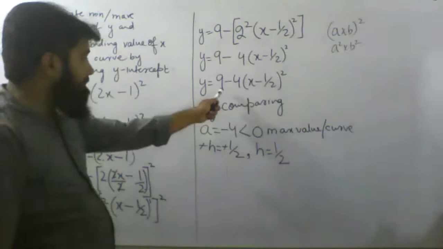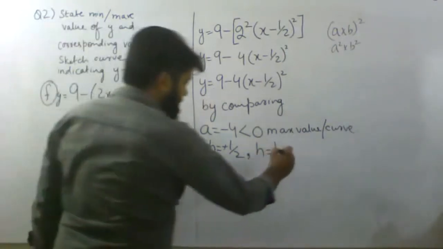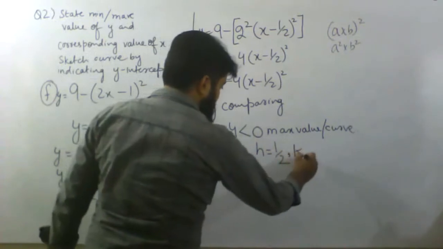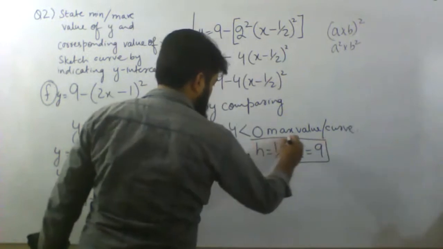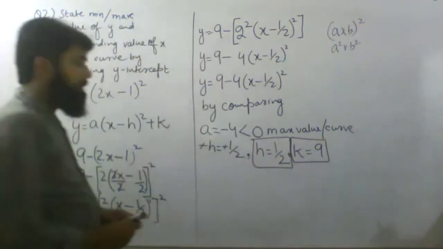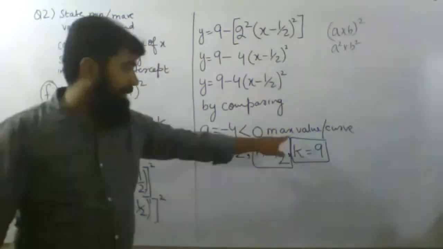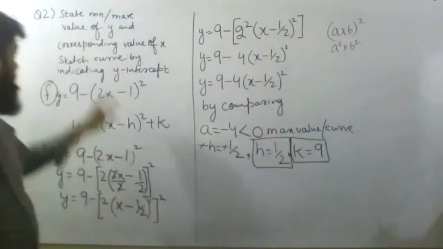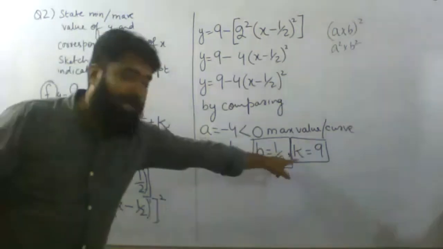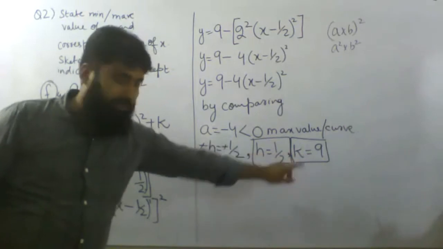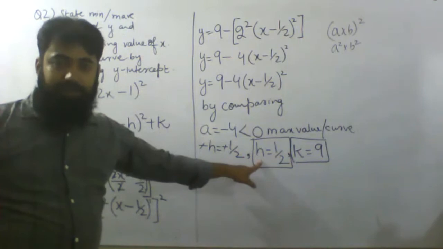So outside the bracket, I have got 9, whose sign is k. So plus, I am going to have k equals 9. So I have a maximum value. The turning point: value of y is 9, and the corresponding value of x is h.